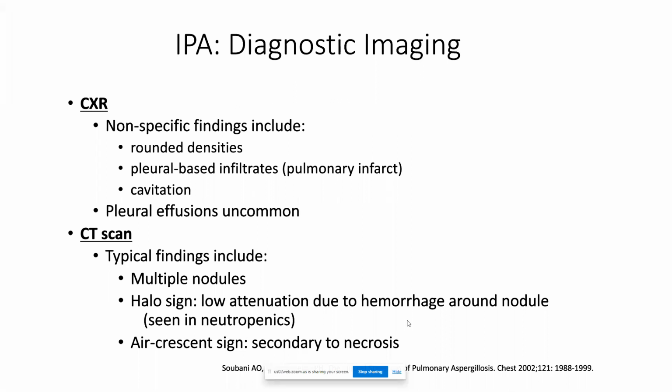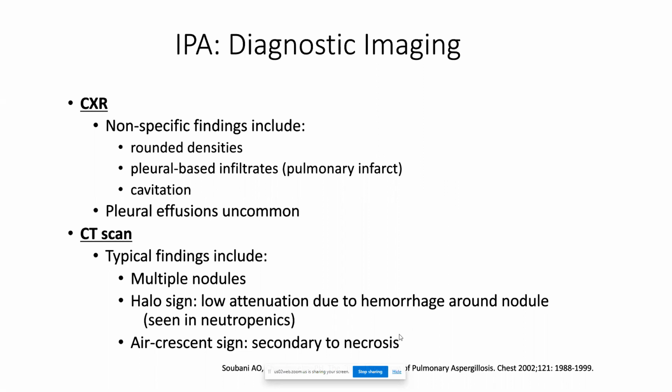As this fungus infiltrates and invades the tissues, that's where it gets its name, it causes local bleeding, and that haziness surrounding the cavity is blood. And as it matures and wants to cavitate and form this air crescent sign, that's another term you'll hear from the radiologists, this is all from tissue necrosis.